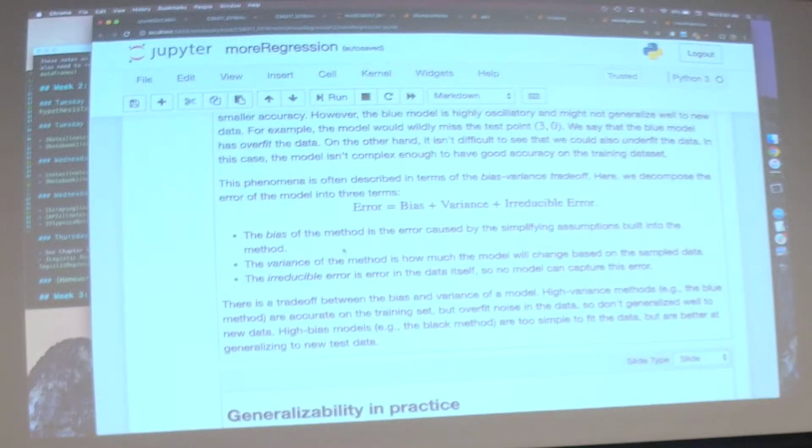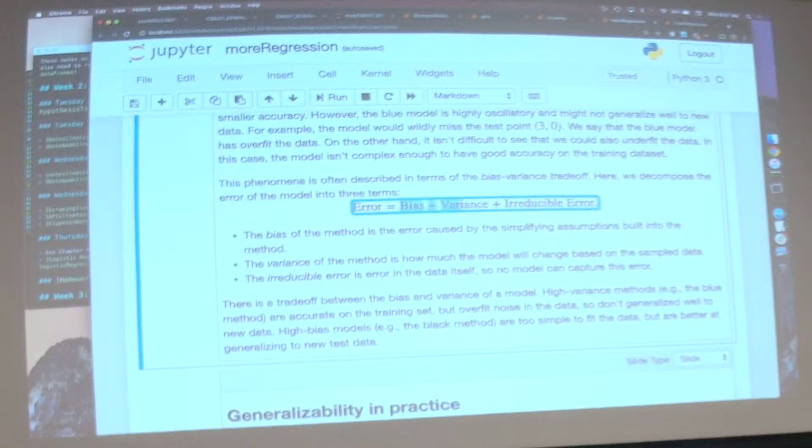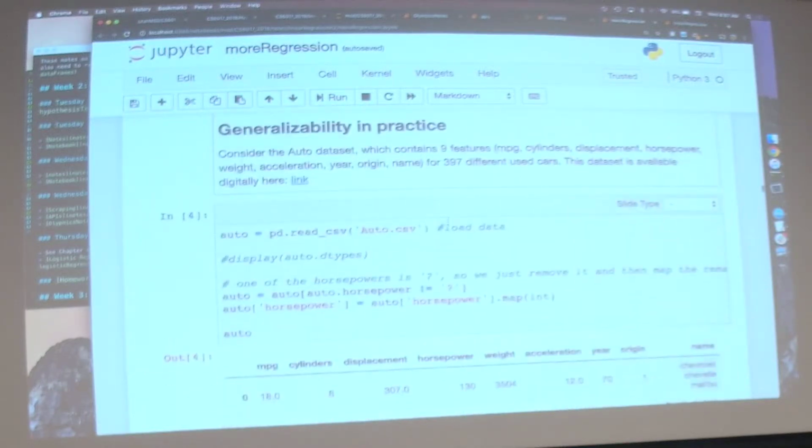We have variance, that's kind of the wiggles, and then we have the irreducible error, which is, our measurements had noise or whatever. When we choose the model, we can choose how we want to trade off these 2 terms. When we reduce the bias to capture more variation of the data, we add more variance and more wiggles. So we're trying to find the right balance there.